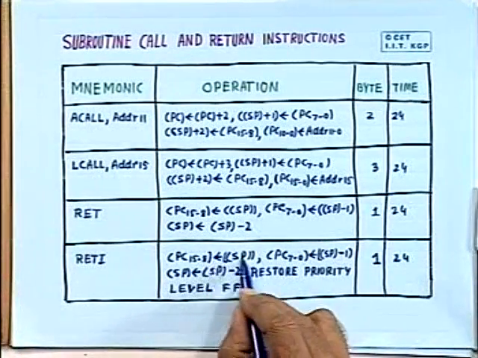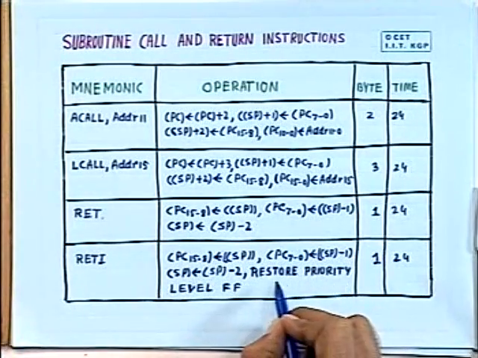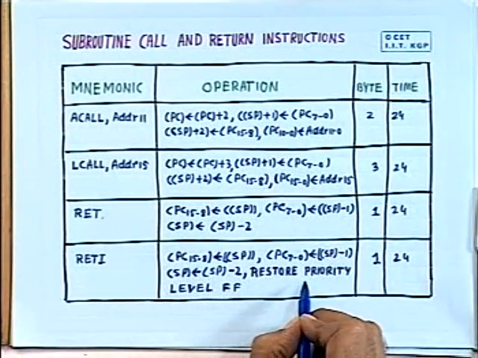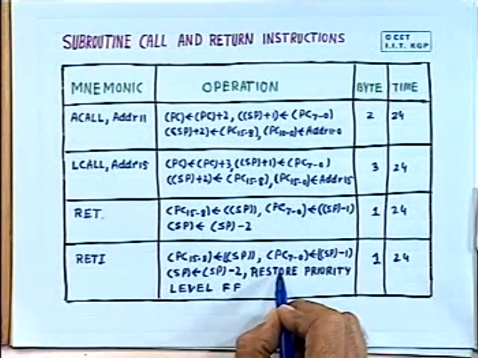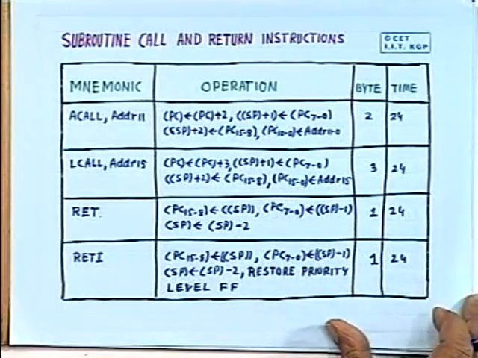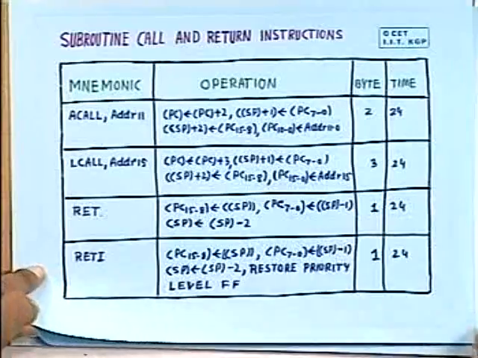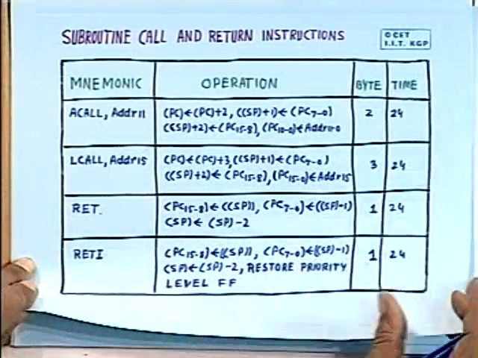That means apart from performing the same operations that are done for return, it does one additional thing, that is it restores the priority level flip flop. That means there is an interrupt priority level. That priority level flip flop is restored, which was the situation before jumping to the interrupt service subroutine. That's why 8051 is provided with two return instructions, unlike 8085 where you had only one return instruction. So remember to use RETI in case of return from interrupt and ordinary return whenever you are returning from a subroutine.